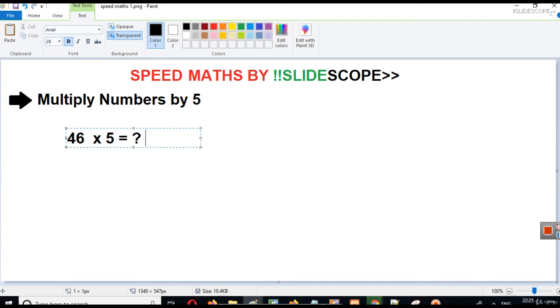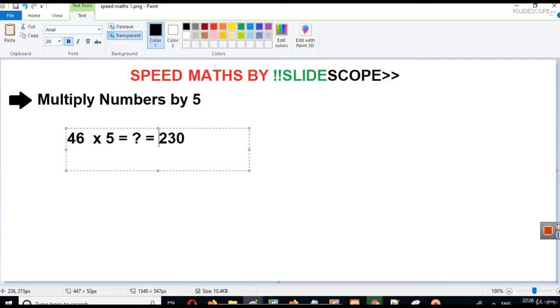So what will be the answer? Now you can start multiplying these numbers by 5, but it is very easy. You have to just divide this number by 2. If you divide this number by 2, the answer will be 23, and then you can simply add a 0 here.